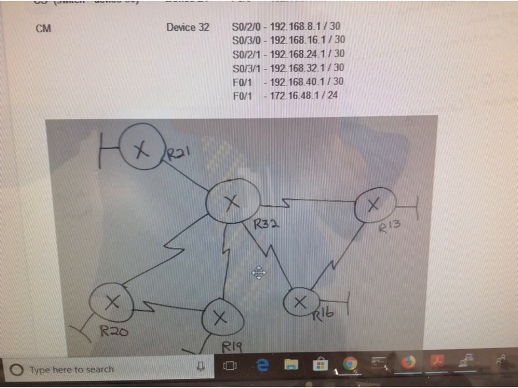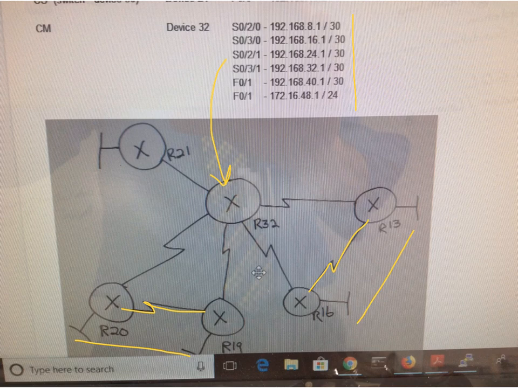Alright, and then this is the configuration. So just to make a connection, all of these are right in here. And when I talked about 13 and 16 being connected, that's where I was referring to this one. And connections down here, here.